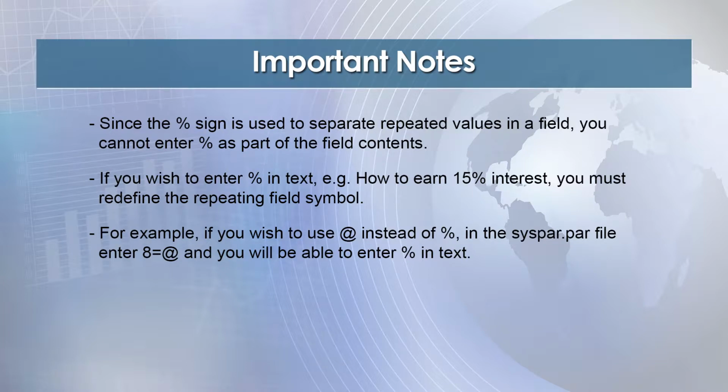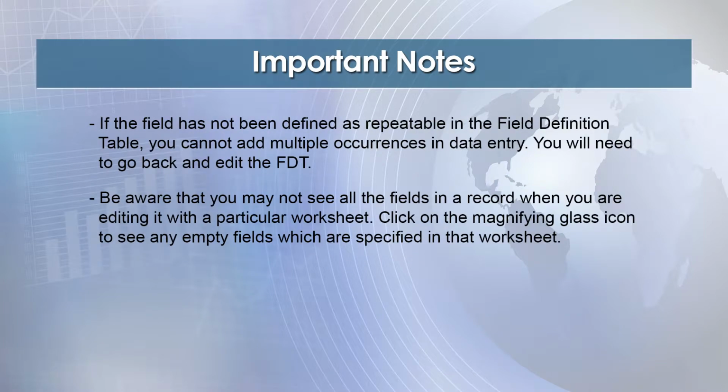Now, the second important note is that if you try to enter multiple occurrences in a field which has not been defined as a repeatable field, then WINISIS will object. So, CDS/ISIS for Windows is much stricter in comparison with CDS/ISIS for DOS in that case.